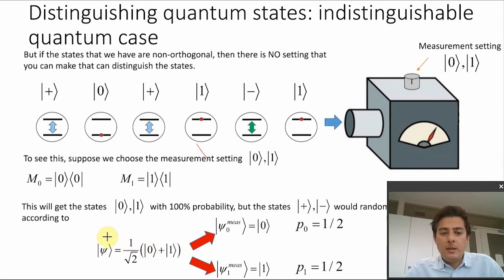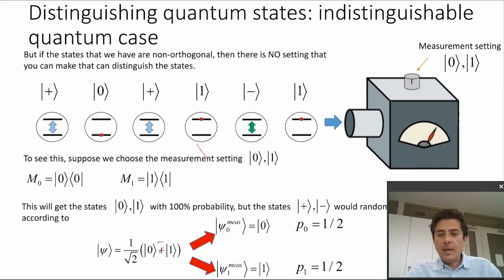So you can't distinguish between these states. And also, if I put in the minus state here, so if I change the plus to a minus sign, I'd still get exactly the same probabilities. So these pluses and minuses give exactly the same probability distribution, and I can't tell the difference between them.